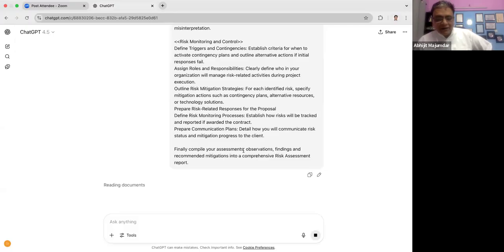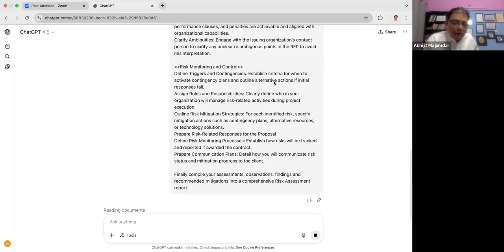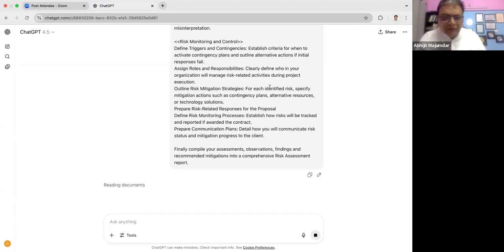You have to believe what it gives you, because it does not give you the reason why it identifies something as a high risk and not a medium risk. But here you are telling it to identify something as high risk only if it is a deal breaker, and as a technical risk only under certain conditions. That's why it is taking that time to follow. But it should not take that much time either.